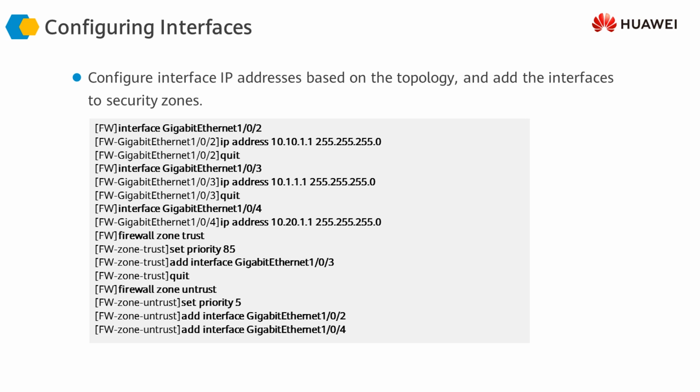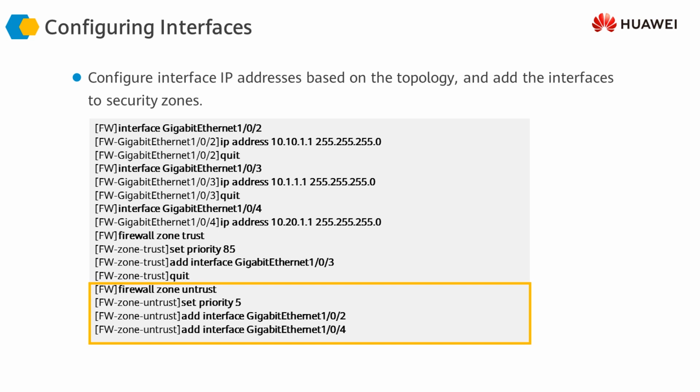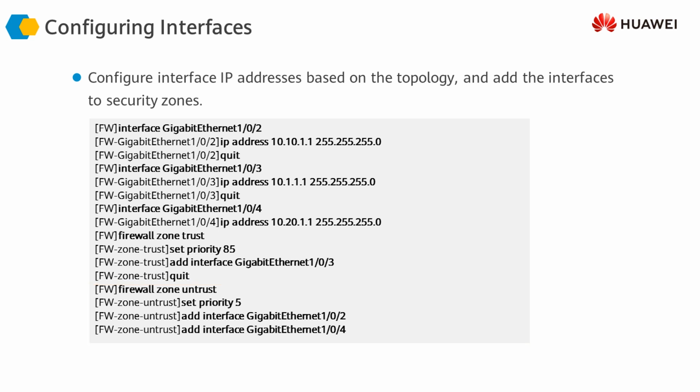Then we configure the two zones, the trust zone and the untrust zone. Our intranet is in the trust zone, and both the ISP interfaces are configured in the untrust zone. This is the interface which connects us to the intranet, and these are the interfaces which connect us to the two ISPs. So these are in the untrust zone, and the intranet interface is in the trust zone.